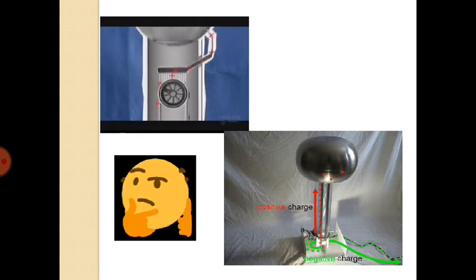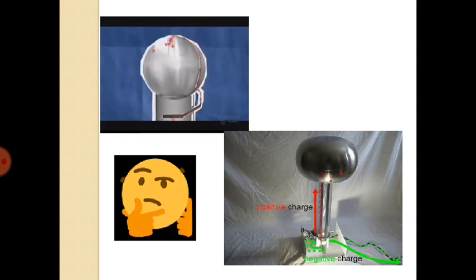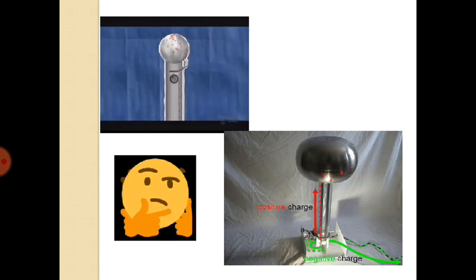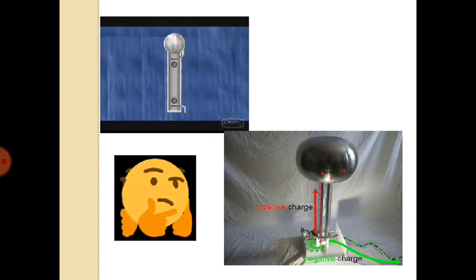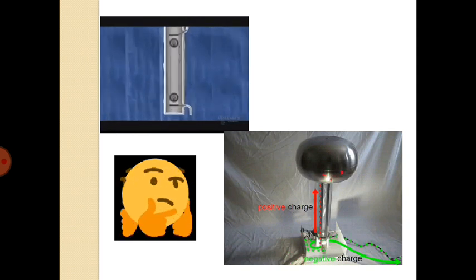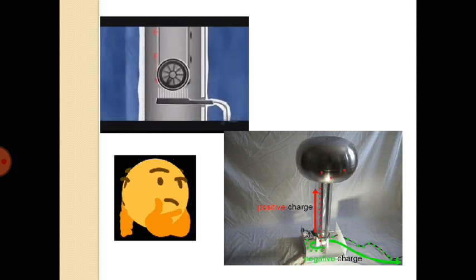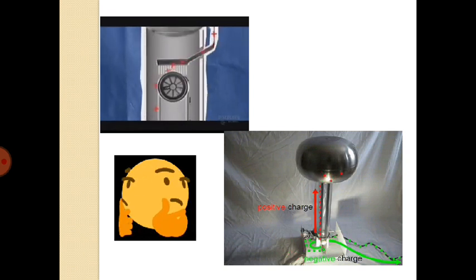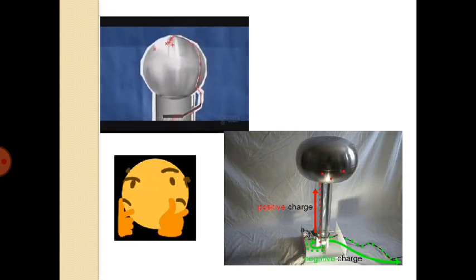So, as we have studied all the construction of the Van de Graaff generator, the basic thing is the electric motor, which is connected to the pulleys. When it is switched on, it begins to rotate, continuously rotating from P1 to P2.